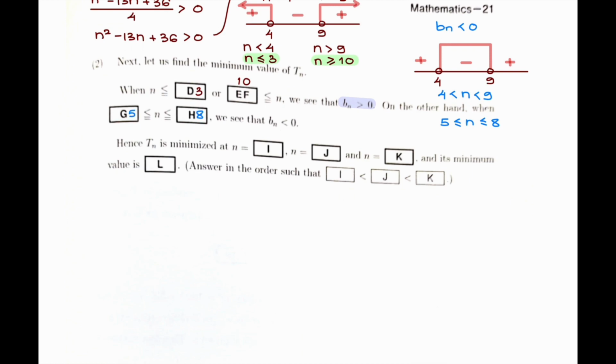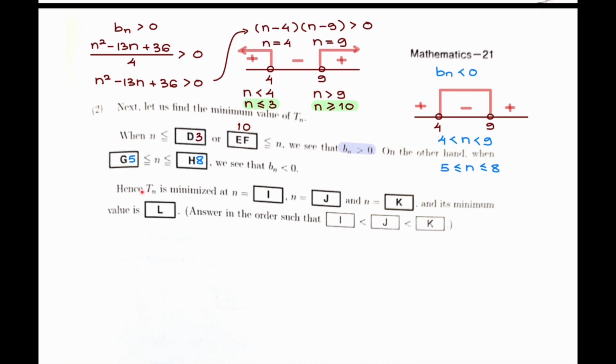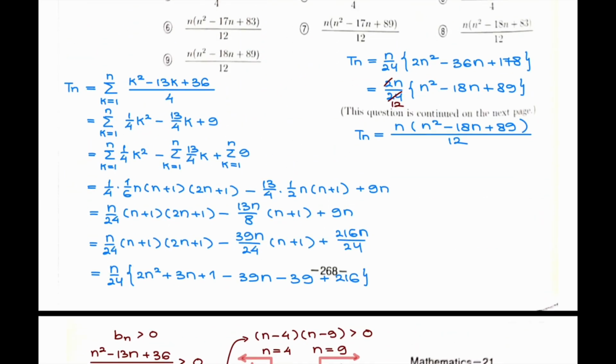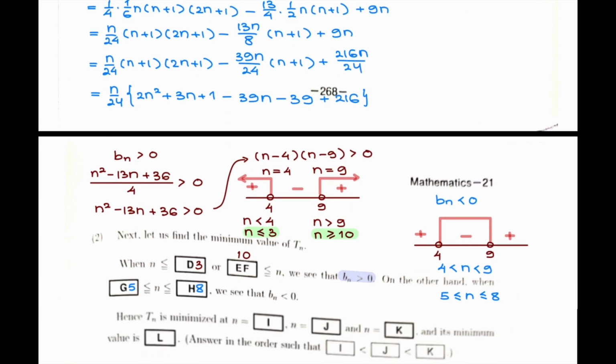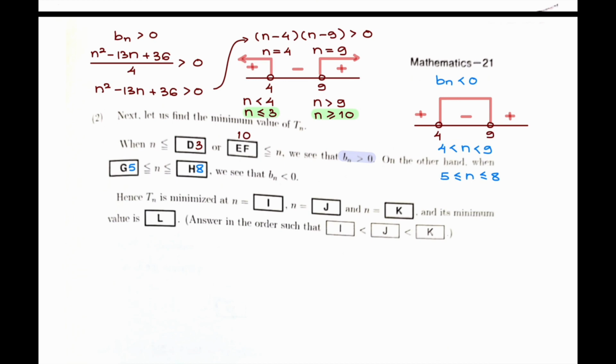The last part is hence Tn is minimized at n equals to blah blah blah, and its minimum value is blah blah blah. You need to remember Tn is the sum of Bn. We already know that B1, B2, and B3 are positive.